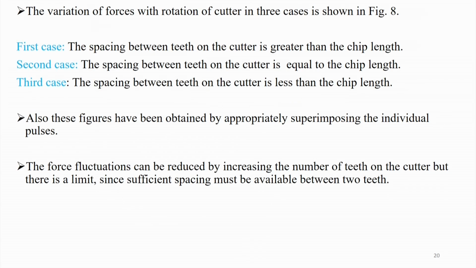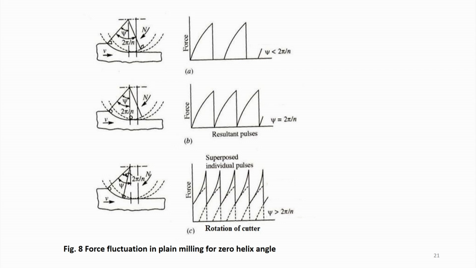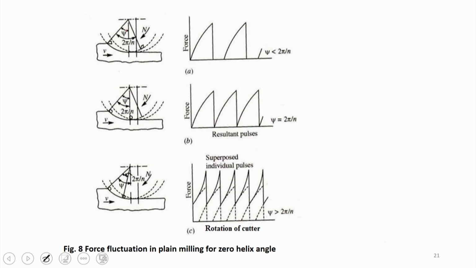The variation of forces with motion of the cutter in three cases is shown. Now, what may happen is that suppose teeth are spaced very far away. The spacing is far away, that means T is 2 pi by n is this much, but the bite angle is only phi. So, one tooth has gone here, but the other has not yet come.